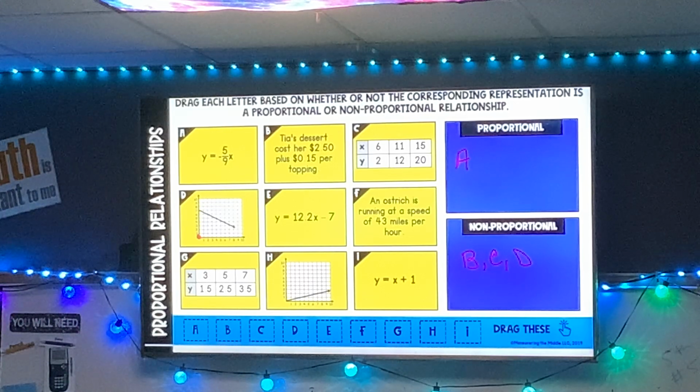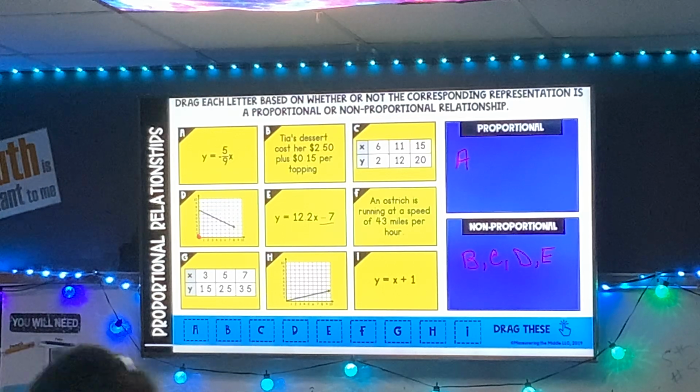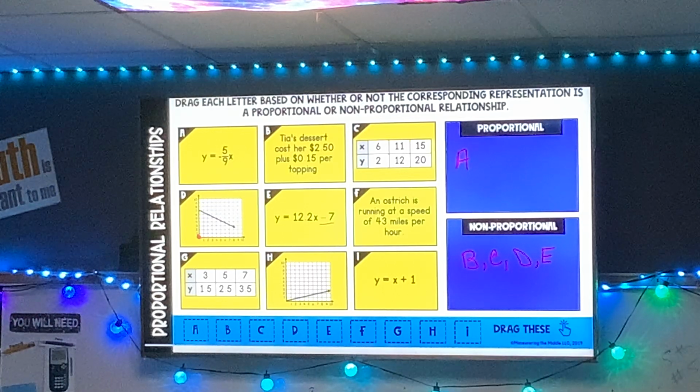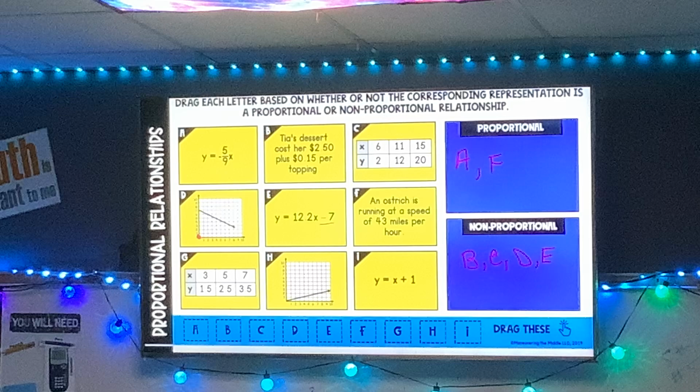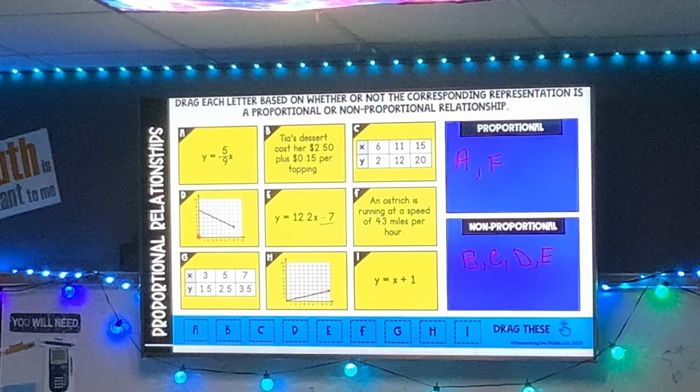What about E? Not proportional. It has a y-intercept of -7. To be proportional, it must be 0, 0. And Oster's running at a speed of 4.3 miles per hour. That is proportional, because you would write that as y equals 4.3x.